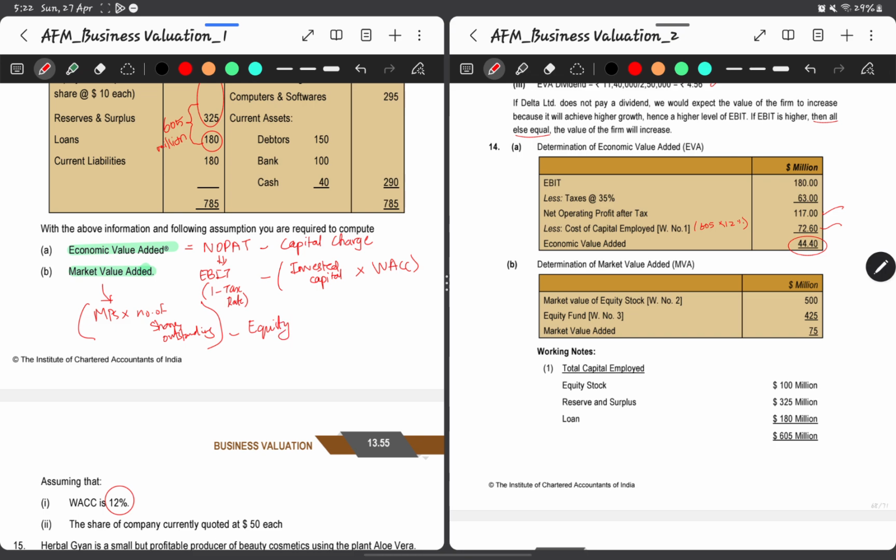That is the market value added. It is same like the economic value added. In economic value added, you see the operating profit minus the cost we are taking. Same way in market value added, the market value minus the cost or the book value will give us the extra market value, right?